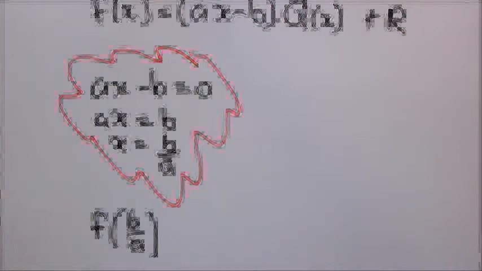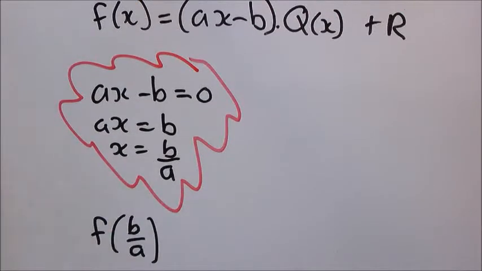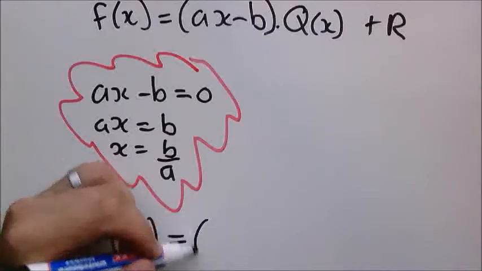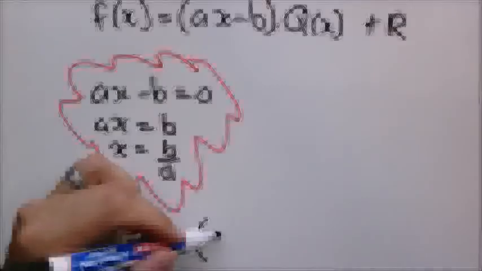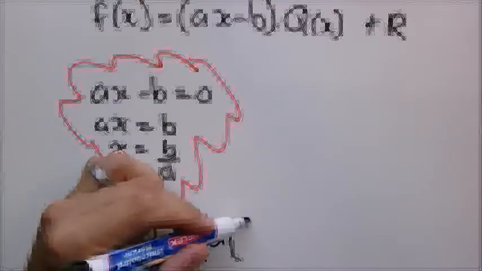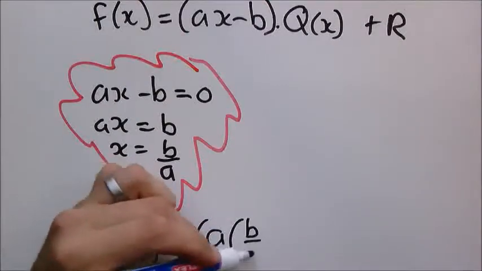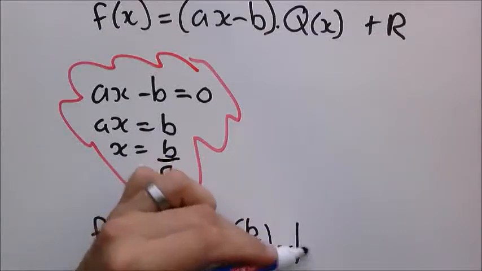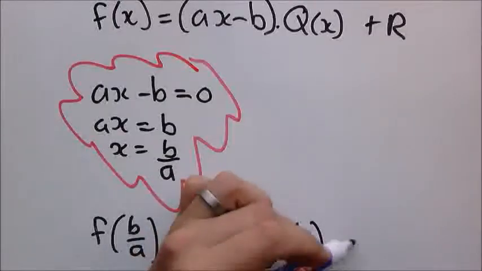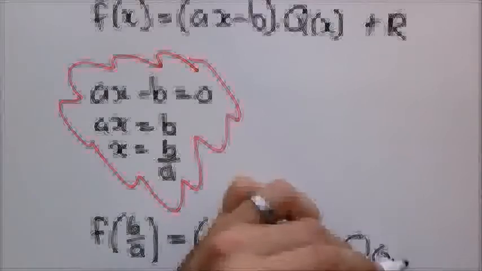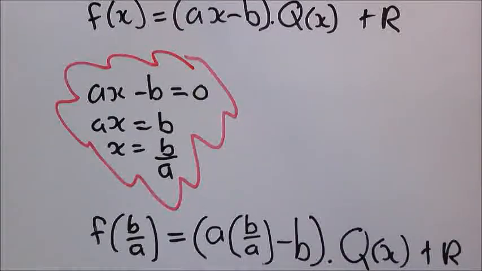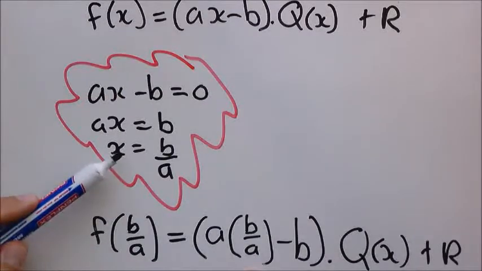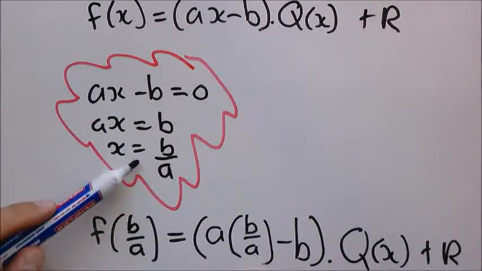So follow the expression at the top. That means for this first bracket, which is the divisor, a times b over a minus b, times q(x) plus r. So just make sure you see where I got that from. That's where I got the b over a from.